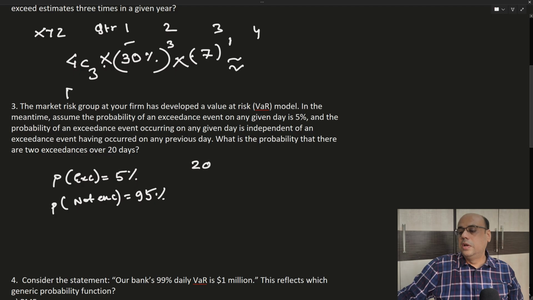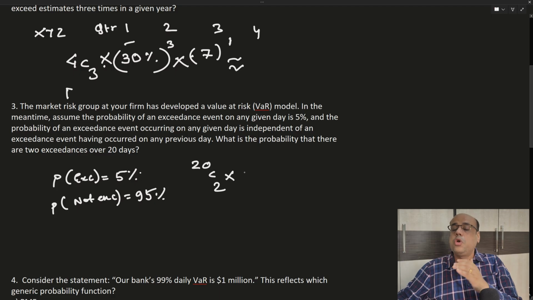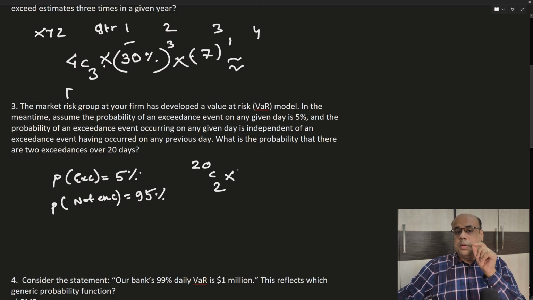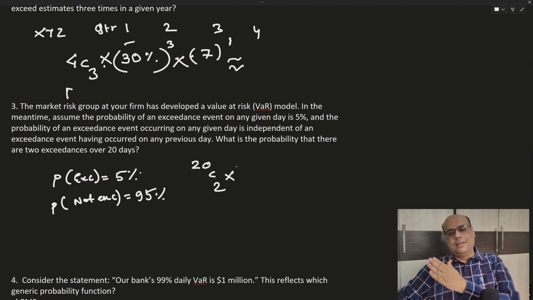Again, this is 20C2 into exceeding. See again, this is one very common mistake students make. Here our probability of success, that is nCx, p to the power x, q to the power n minus x. So here the success is exceeding.